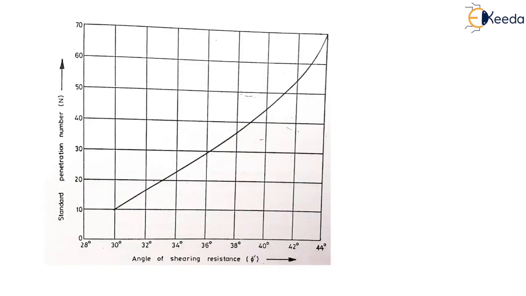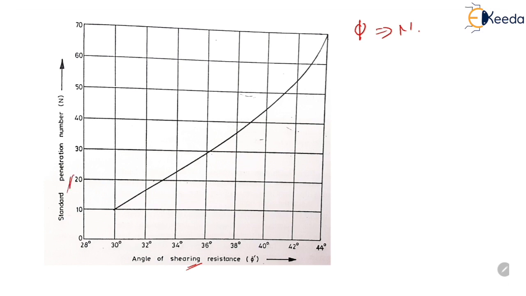The angle of shearing resistance phi depends upon the standard penetration number N. In general, the greater the N value, the greater will be the angle of shearing resistance. This chart gives the value of angle of shearing resistance with respect to the corresponding standard penetration number.